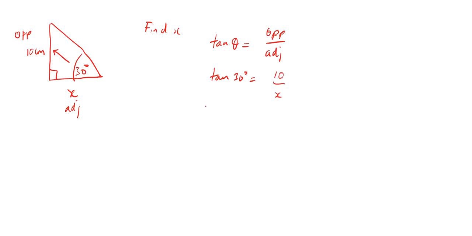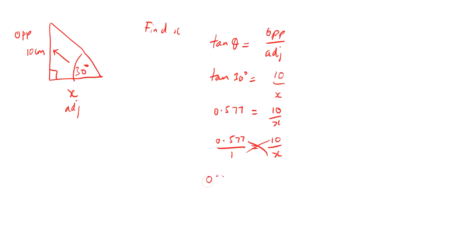So therefore tan 30 degrees is equal to opposite, which is 10, over adjacent, which is what we want to find. So we find tan 30 from the calculator and we get 0.577. So 0.577 is equal to 10 over x. Again, we can write this as 0.577 over 1, which is equal to 10 over x. And then we cross multiply.